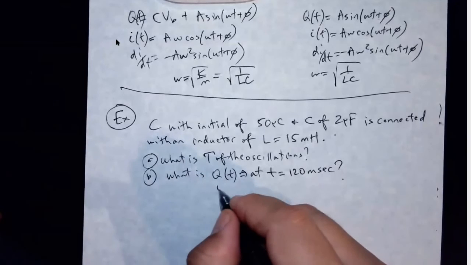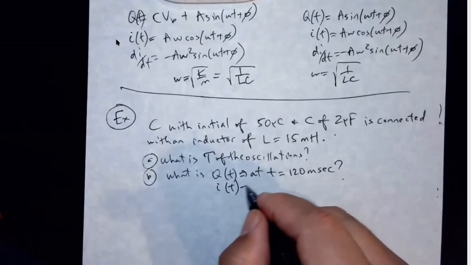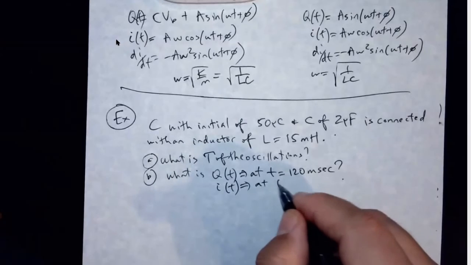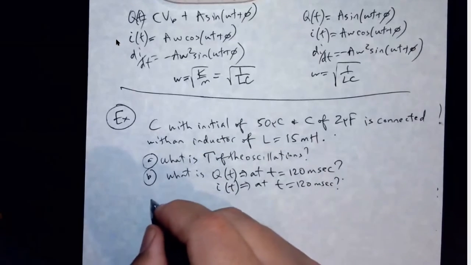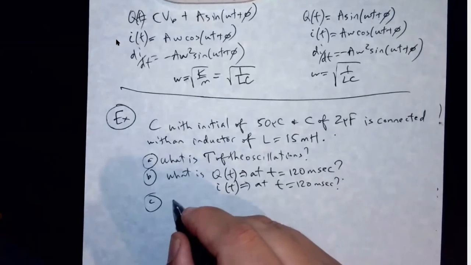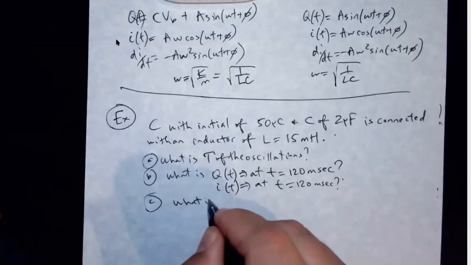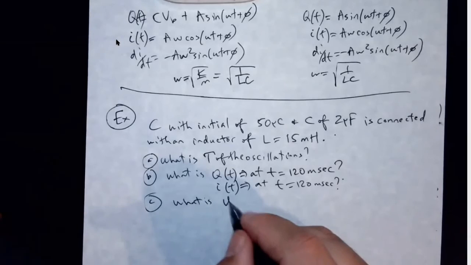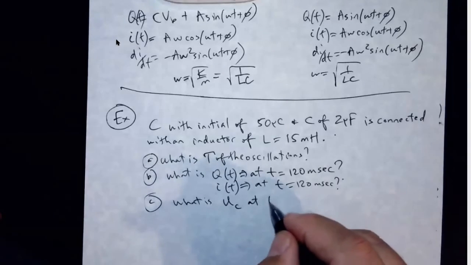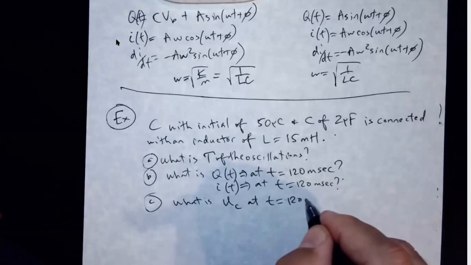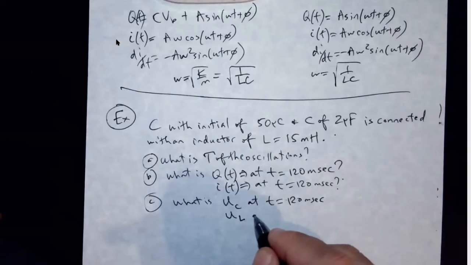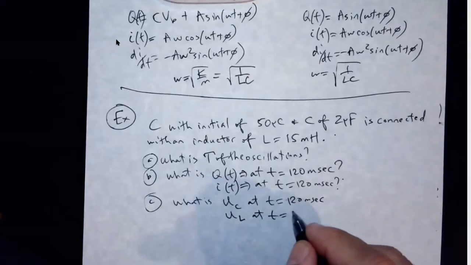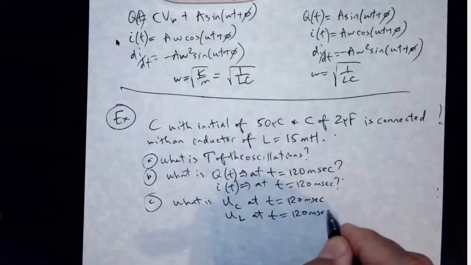What is the current in the circuit at t equals 120 milliseconds? What is the energy of the capacitor at t equals 120 milliseconds? And the energy of the inductor at t equals 120 milliseconds.